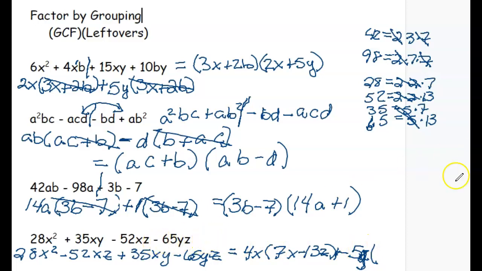So if I take those off, I'm left with 7x minus 13z. And as typical of Brockmeyer's writing, she ran out of room, but I can still see this. 7x minus 13z is the greatest common factor. Getting rid of those now, I have 4x minus 5y.